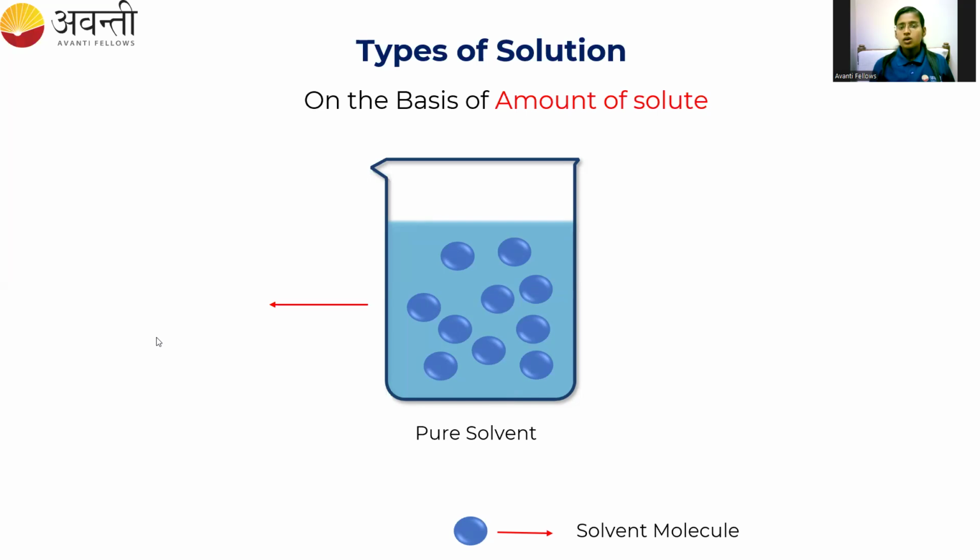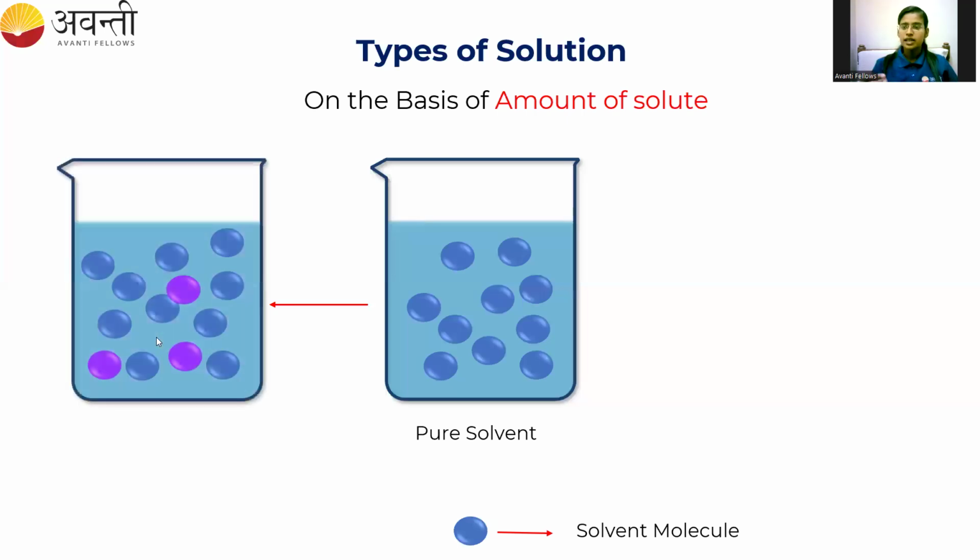Yeah. What I was saying, we have solvent molecules inside the beaker, and now I am adding some particles inside this. Okay, everything blue color is solvent, they are all pure solvent. Blue color is a solvent molecule. And in the second beaker, all of you can see some purple color balls, right?